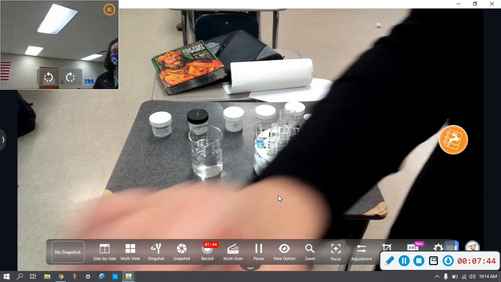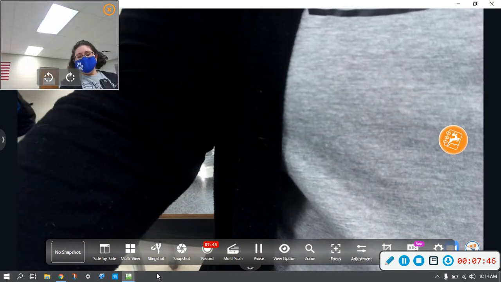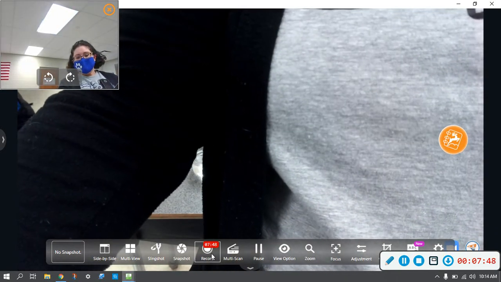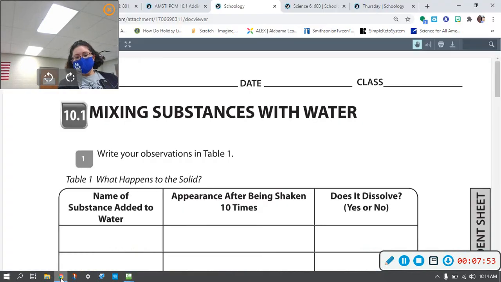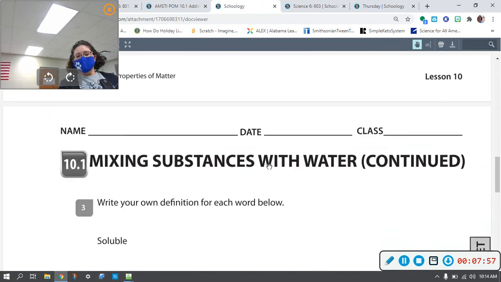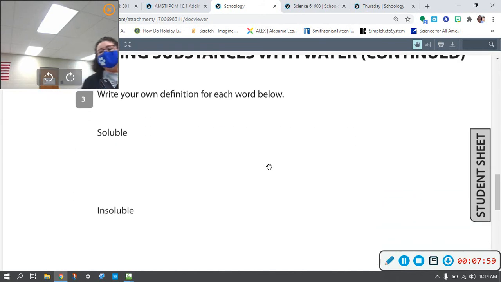Now, I want to go look at the sheet that we did right here. Let's look at the second page. We need to have definitions for these words right here. What do y'all think soluble means? That it can dissolve.